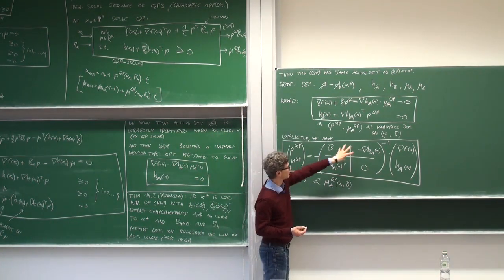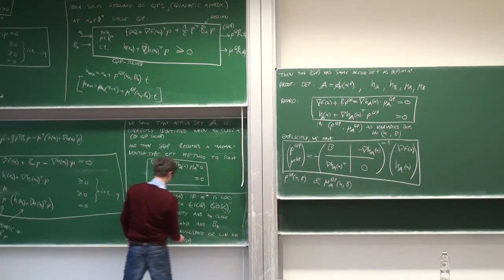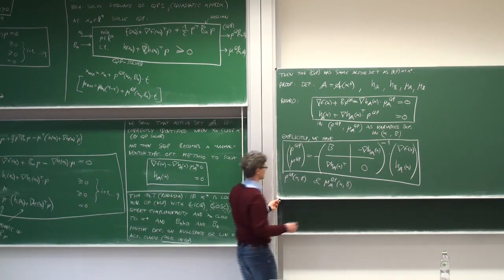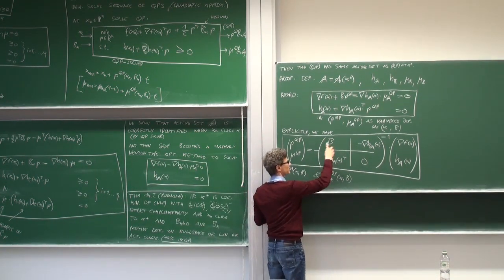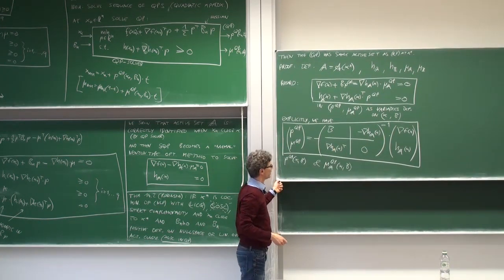So note that the invertibility of this matrix is ensured by this last condition. This matrix is invertible if LICQ holds, that means the constraint gradients should be independent, and B should be positive definite on the null space.